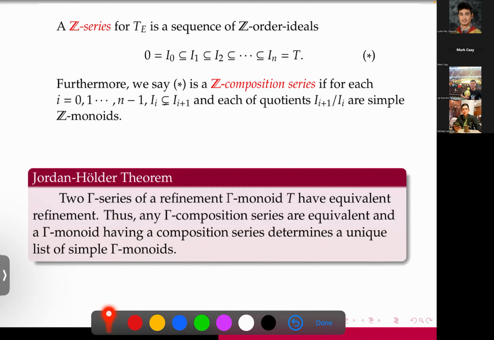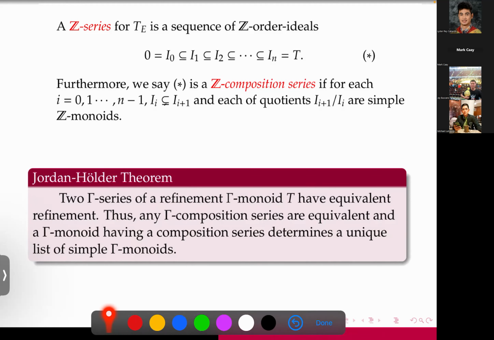We have that version for gamma monoids, and that is true for not all gamma monoids, but refinement gamma monoids. I will not define refinement, but it just means that every summation in your monoid is actually refined in some way. In a refinement gamma monoid, such length is unique.